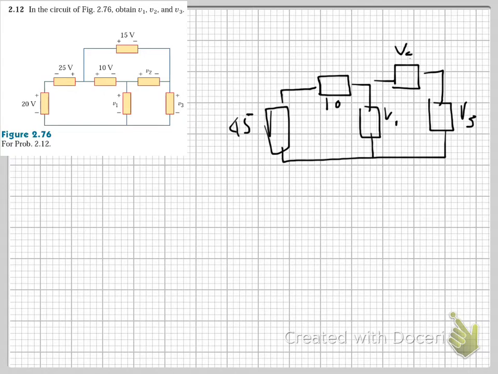And then between the 10 and this one, we have a 15 source there.